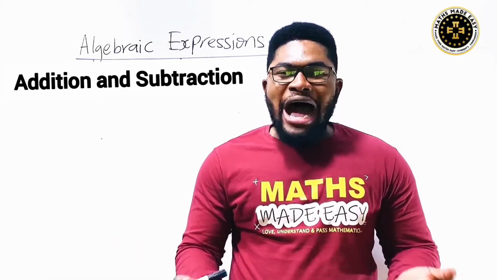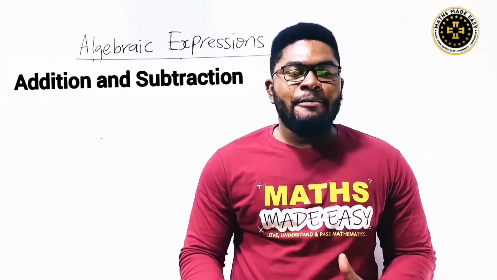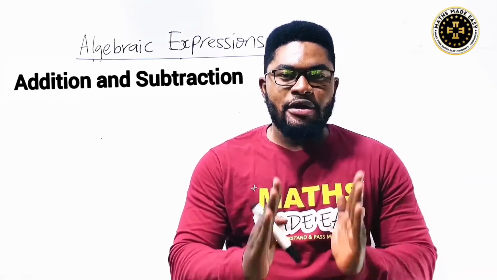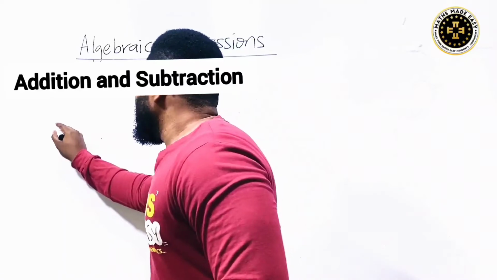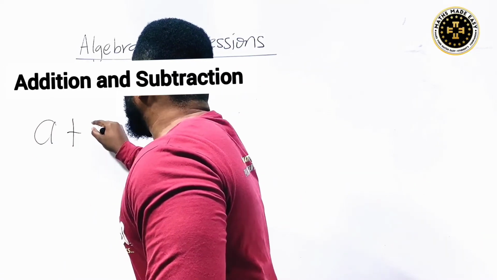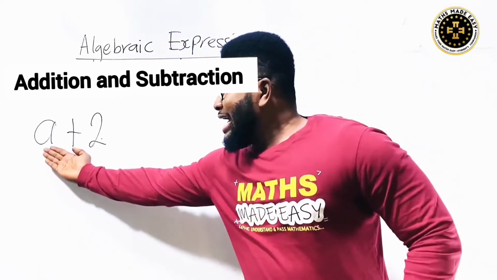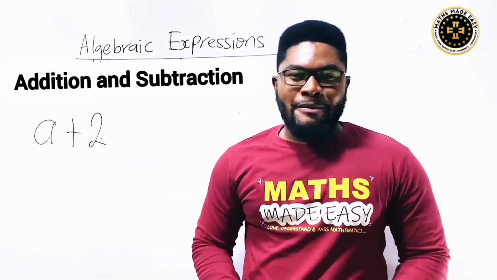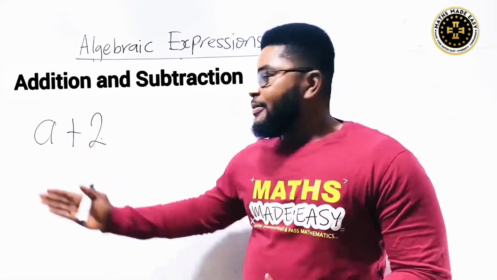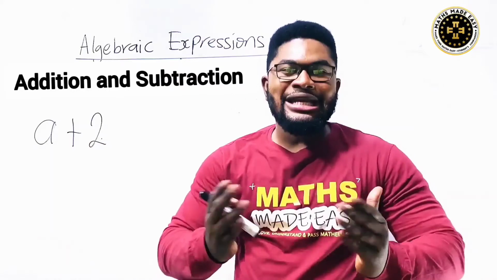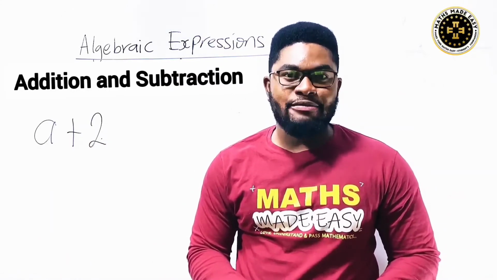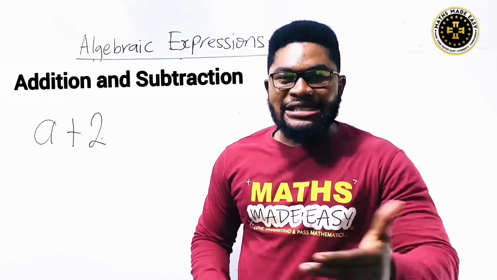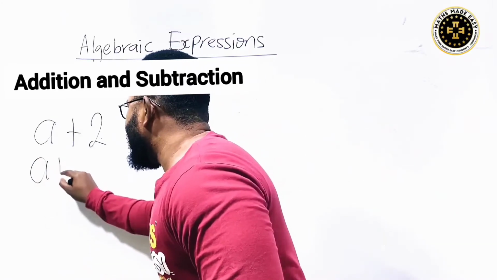Remember, when you are adding a variable to a real number, the answer will remain the same. For example, a plus 2. a is a variable, 2 is a real number. Since we are adding, they are unlike terms. So we can't add. The answer remains a plus 2.